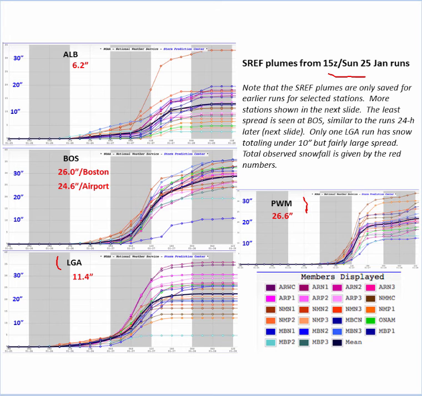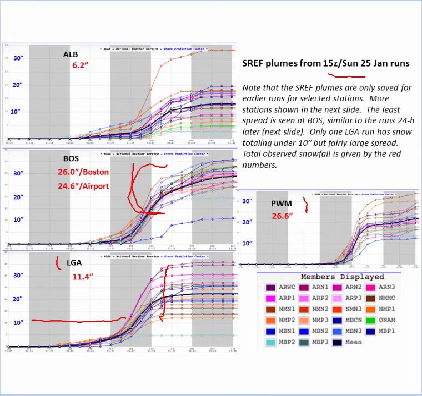You can see for some areas, for instance, check out Boston, there's a rather close clustering of the plumes, and that's pretty close to what actually happened. LaGuardia, on the other hand, ended up with around 11 inches, which is down in here, but you can see there was quite a bit of spread in the plumes.